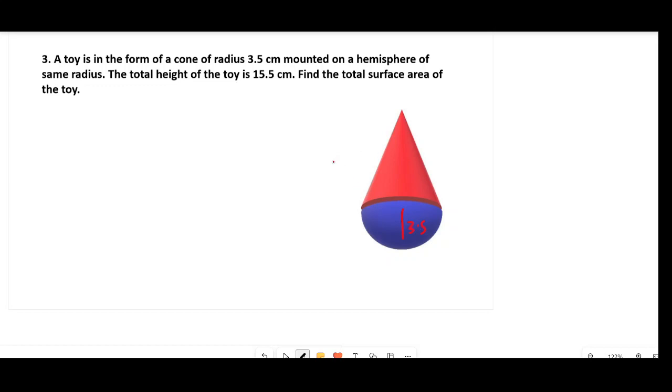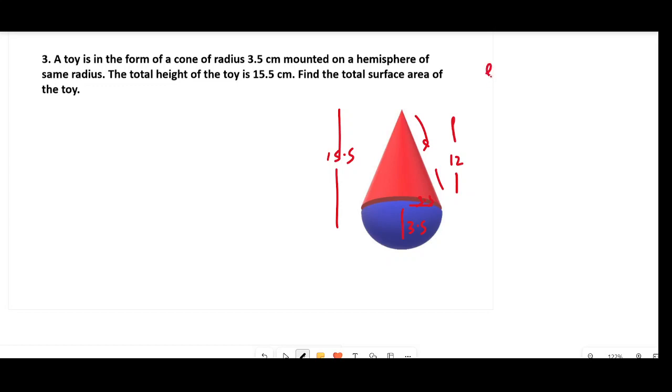Now the total is 15.5, so the height of this will be 15.5 minus 3.5, which is 12 centimeter. Clear? Now we have information about the radius, 3.5, and the height, but we have no information about L. So first we should find the value of L.